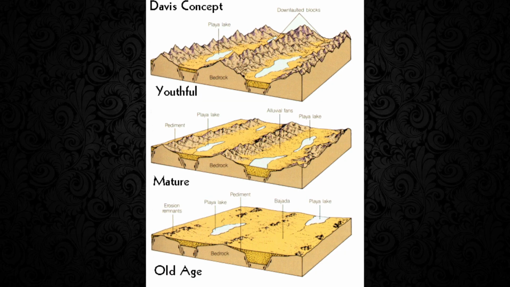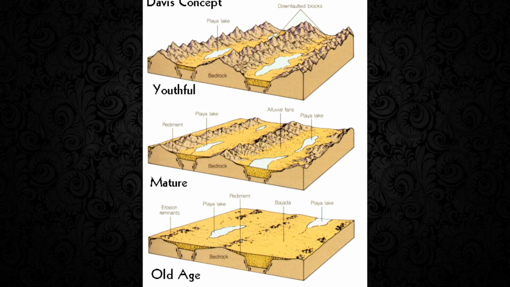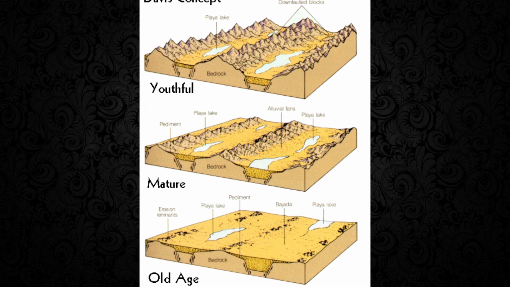Stage. Davis incorporated the time factor in the evolution of landforms. According to Davis, every landscape will pass through an initial stage to a sequential stage to an ultimate stage. These stages are called youth, maturity, and old stage.